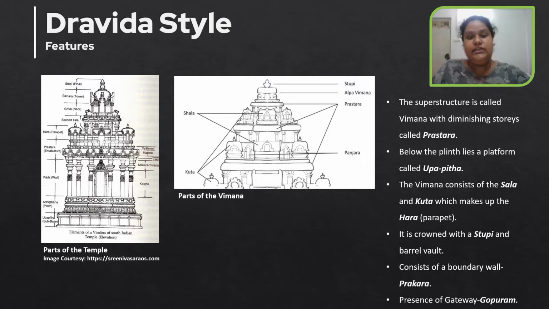In this lecture, we are going to discuss only the features of the Dravida style and how to identify whether this is a Dravidian temple or a North Indian, Nagara style temple. The main feature of this temple is the Gopuram. Like we have read about the Toranas in the Nagara style, the Toranas were the decorated gateways.